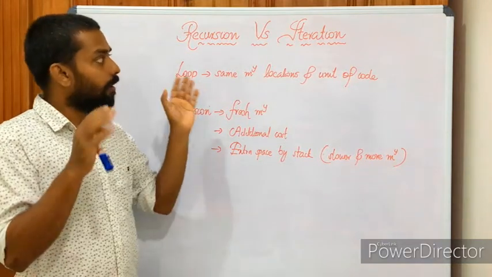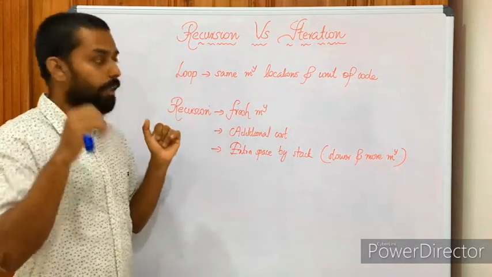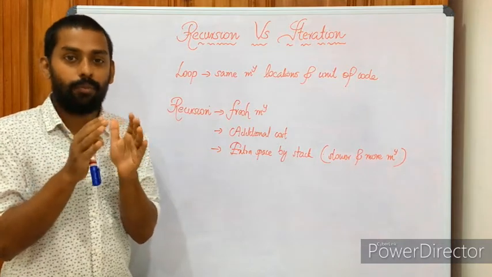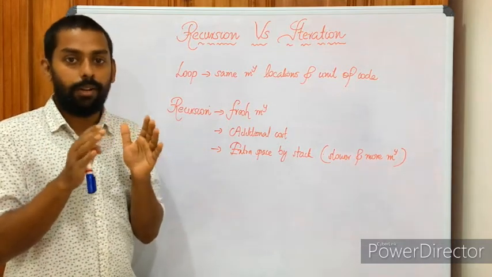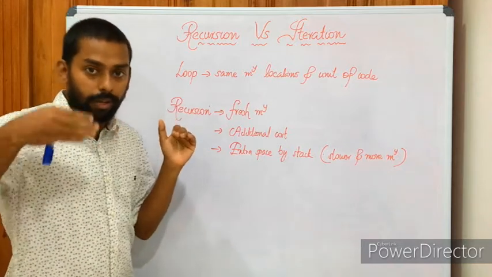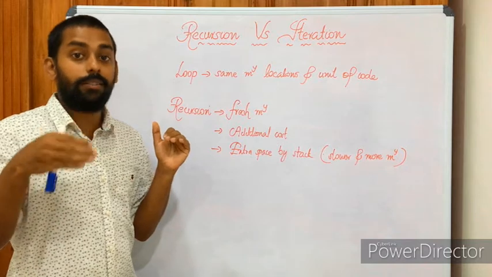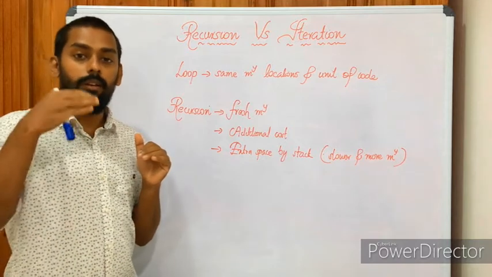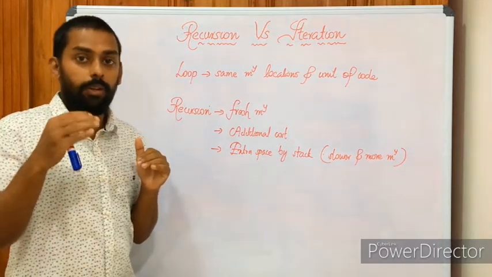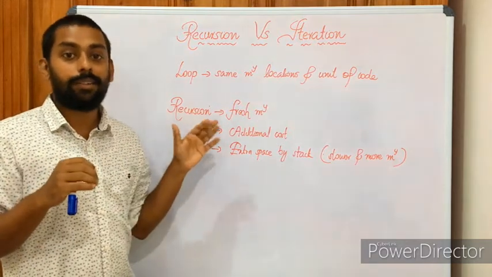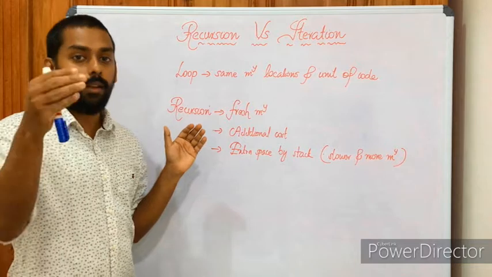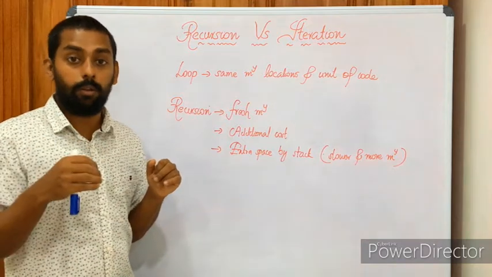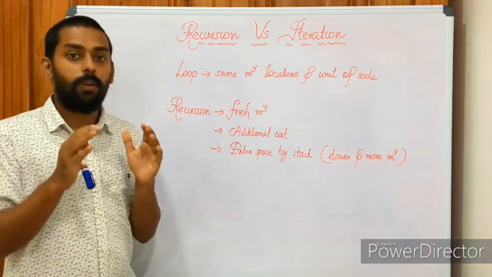So these are the comparisons between recursion and iteration. Recursion and iteration are two interrelated concepts, and both function somewhat the same, but there is a difference. During each execution of an iterative process, it uses the same memory locations and same unit of code, but recursion uses fresh memory during each recursive call, plus extra memory used by RAM to process each recursive call, plus extra memory space used for stack manipulation, because recursion works on stack.